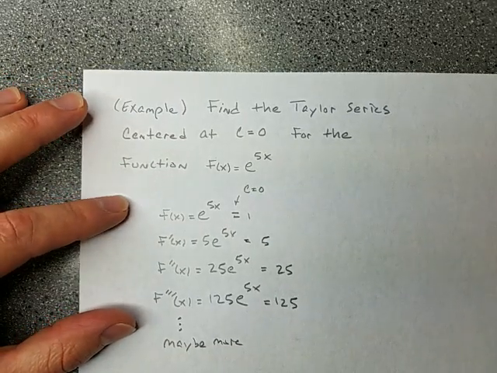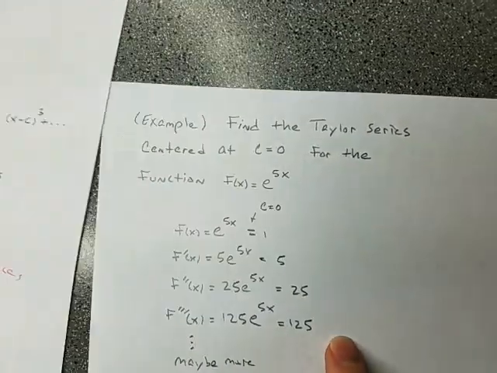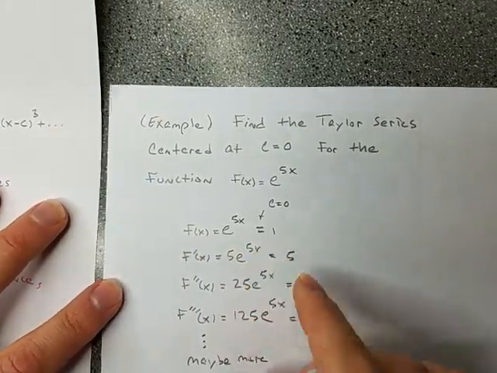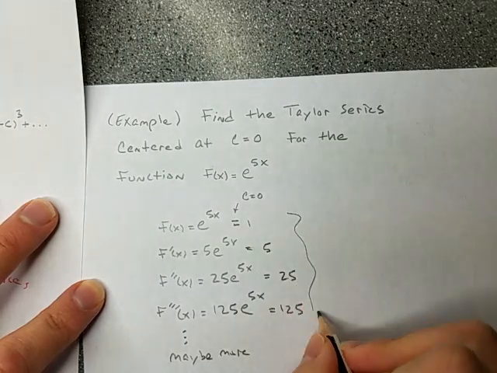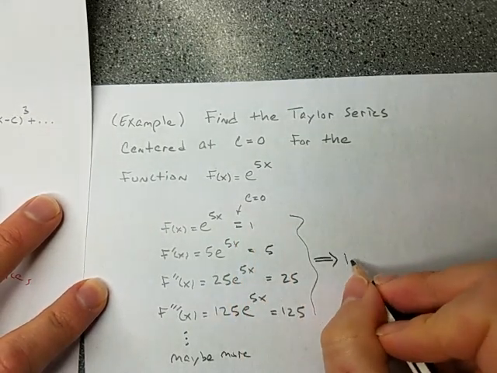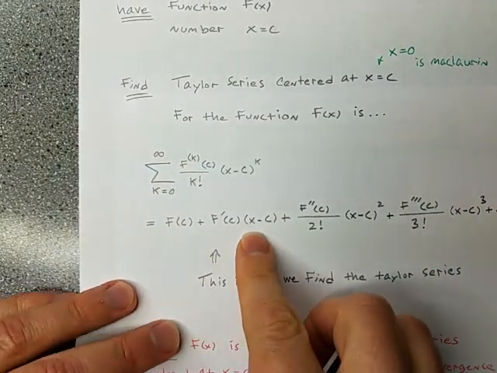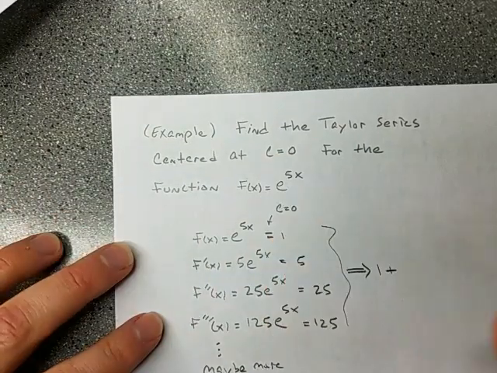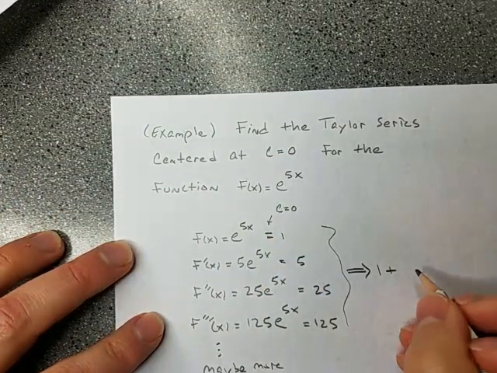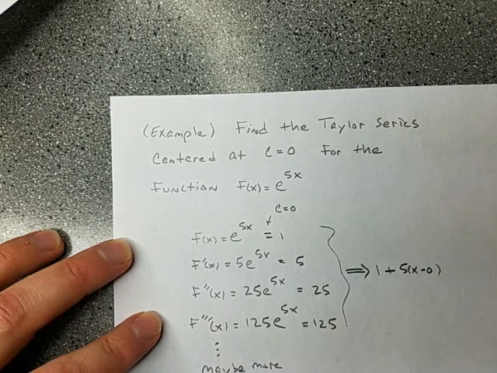So let's take this. Let's take f of c. That's 1. Okay. Then let's take f prime c times x minus c. Remember that c is 0. That's going to be 5 times x minus 0.